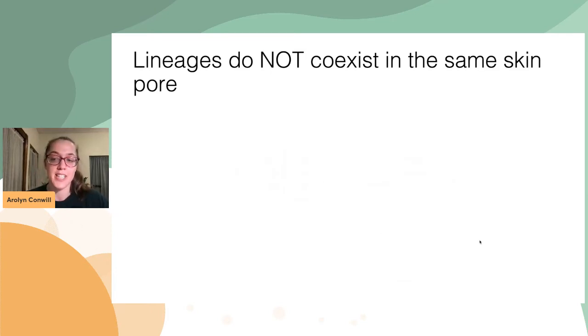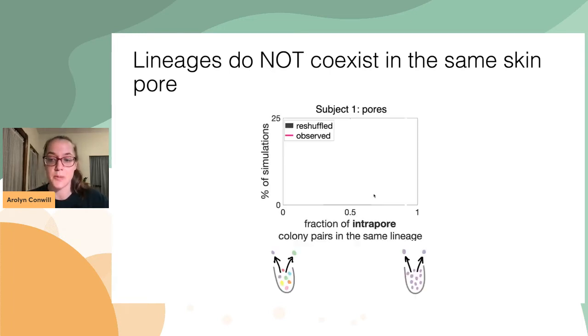While multiple lineages can be found in close proximity on the skin, they actually don't coexist in the same pore. To study this, we can look at the probability that 2 colonies originating from the same pore belong to the same lineage. For example, if lots of lineages coexist in the same pore, then when we sample, we tend to get 2 colonies from different lineages.